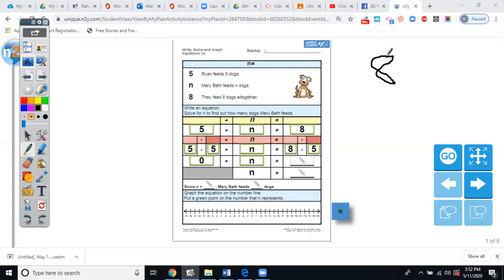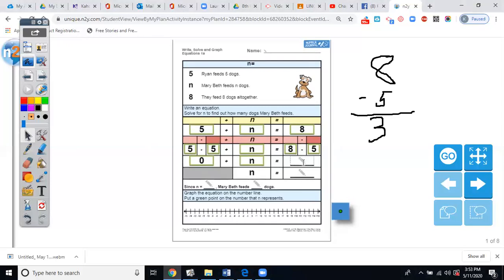We'll just jot this down. You may want to use a scratch piece of paper or a calculator, but I'll just jot this down right here. So 8 minus 5. 8 minus 5 is 3.